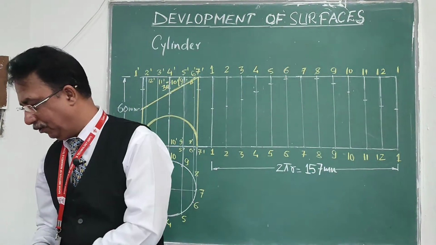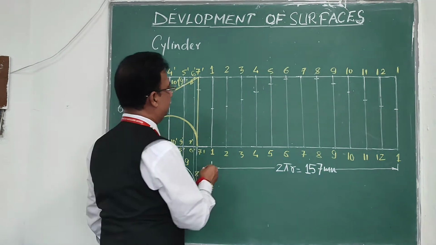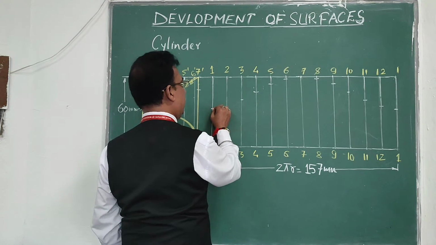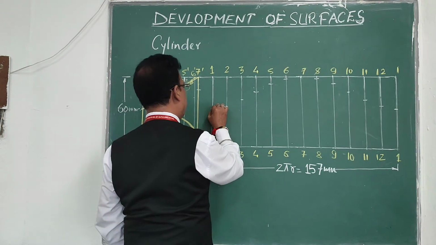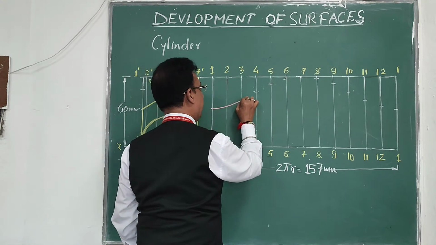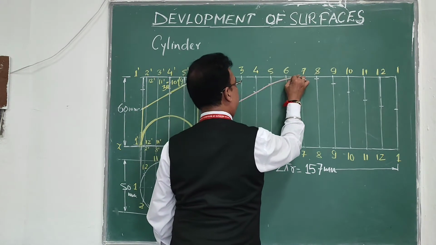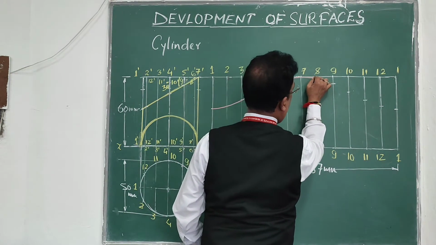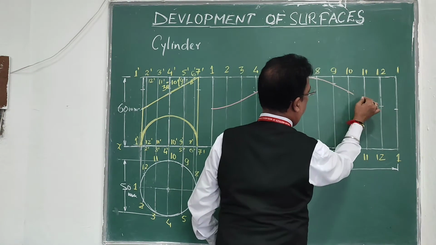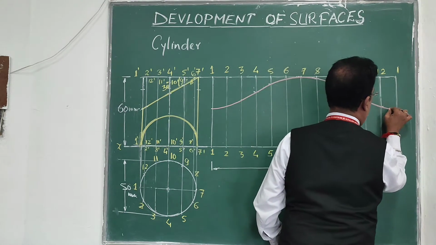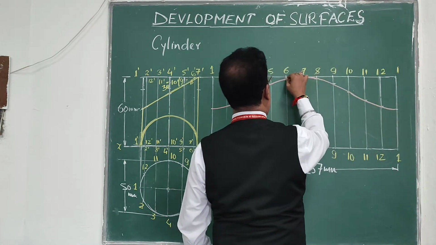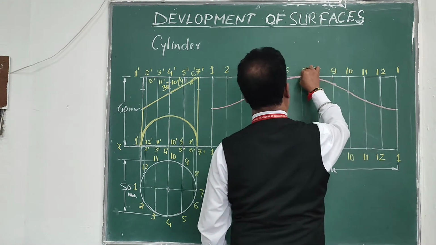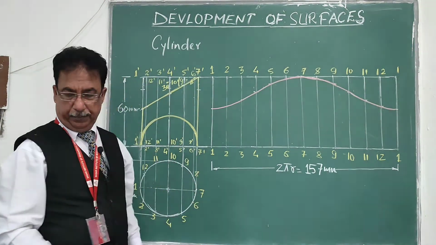So in this way I can get all the 12 points, 13 points actually you can say, and you can easily join these points with the help of straight lines like this, with the help of arc, so with the help of arc you can use this. So this is the upper part.